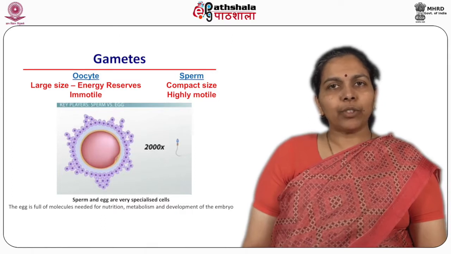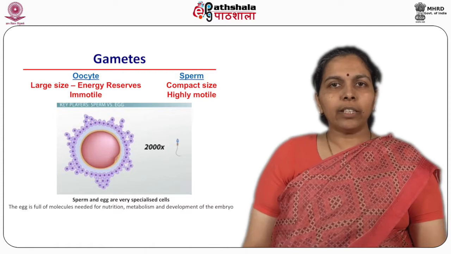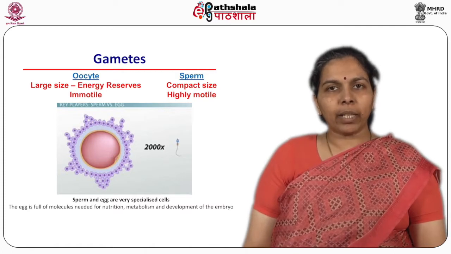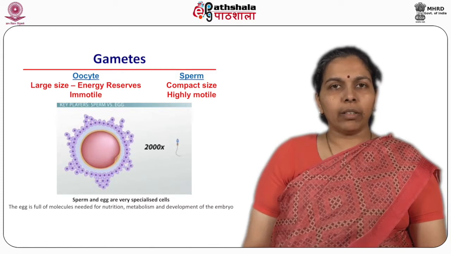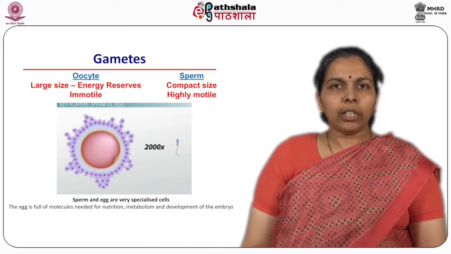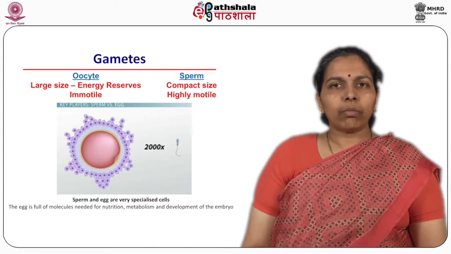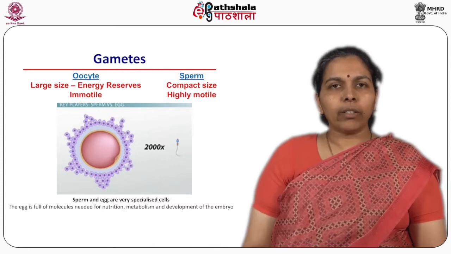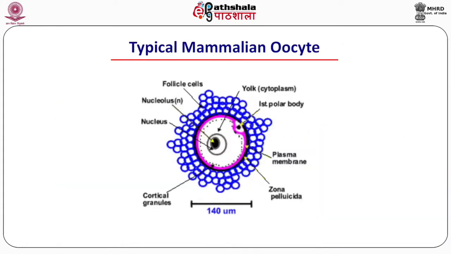But the compact size of the sperm and the high motility of the sperm is required so that the sperm can reach from the paternal parent into the maternal body and affect fertilization. As you can see here in the picture, the typical mammalian sperm is about 2000 times smaller than the mammalian oocyte. This is what a typical mammalian mature oocyte looks like.